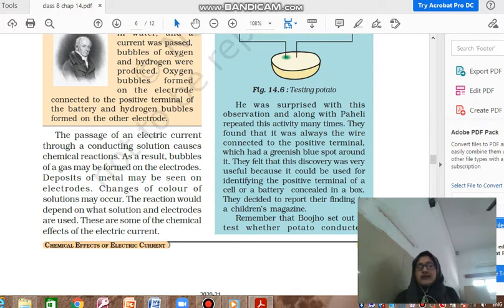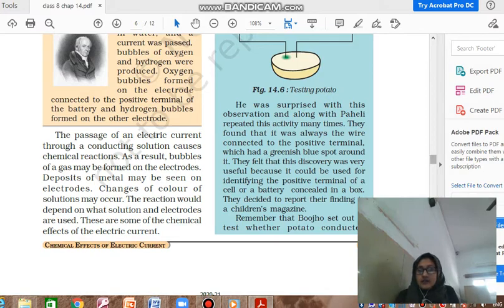Then also, deposits of metal may be seen on electrodes. After some time, you will see that some metal has come and deposited on the electrode. Change of color in the solution may also occur. Why? If it is a transparent liquid and it turns into some other chemical of another color, you will observe a change in color.